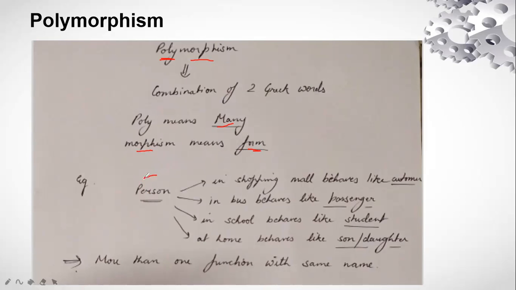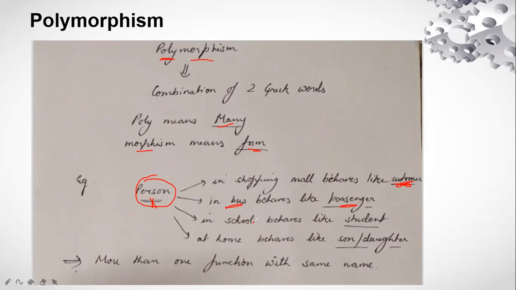If I take an example, let's say a person, maybe person X. This person behaves as a customer when he is shopping in the mall, and he behaves like a passenger when he is riding in the bus.